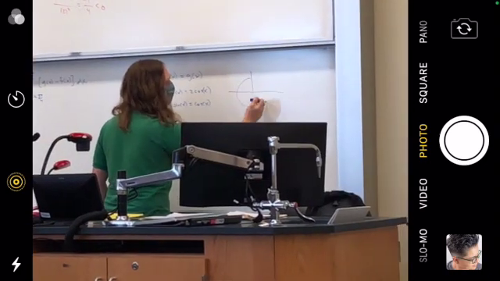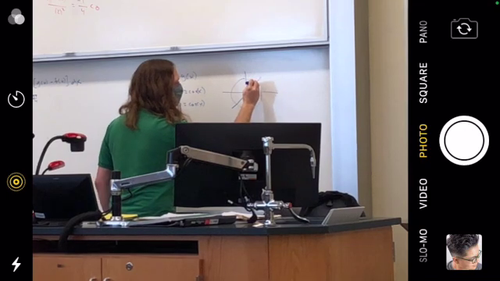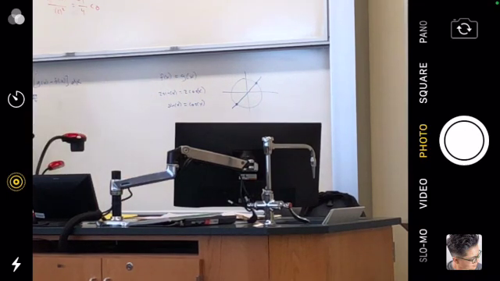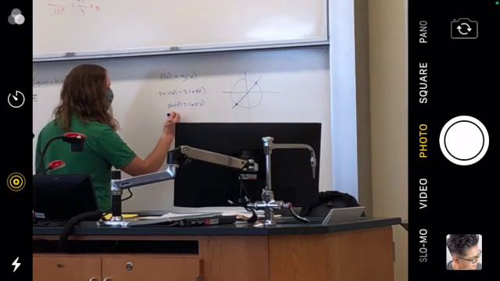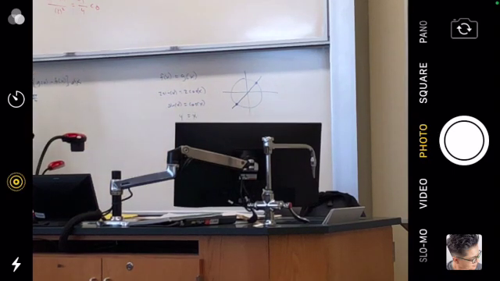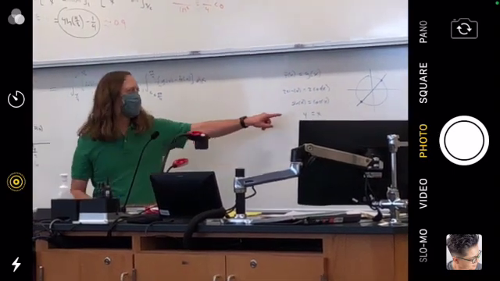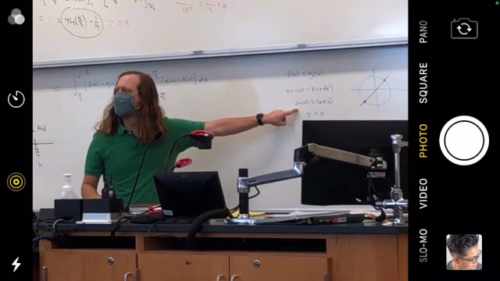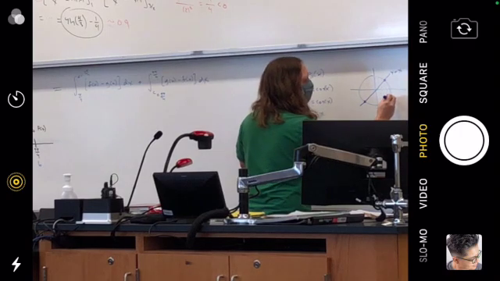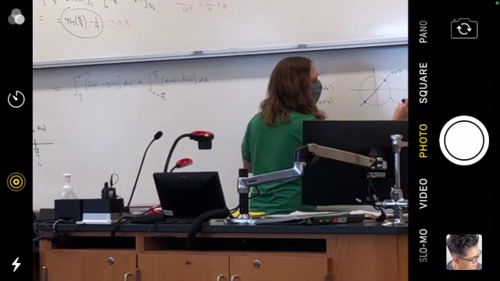When does that happen on the unit circle? Here and here? Here's an awesome way I like to do this. This represents an x coordinate, right? Cosine is an x coordinate, sine is a y coordinate. Graph the line y equals x on top of the graph of the unit circle.